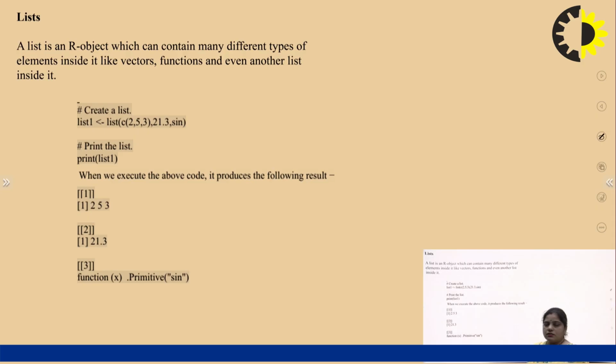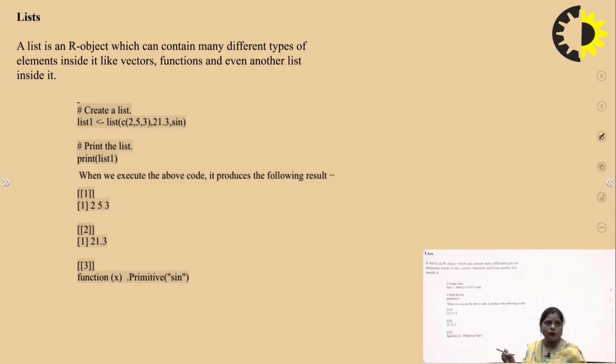What is a list? A list in R is an object that contains many different types of elements, just like in Python, where we also have a list data type.